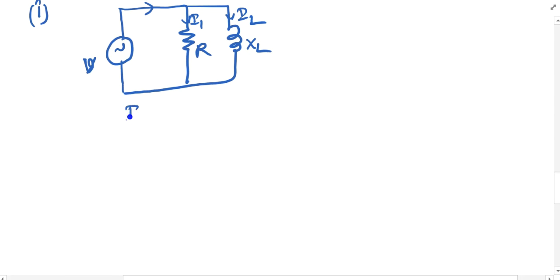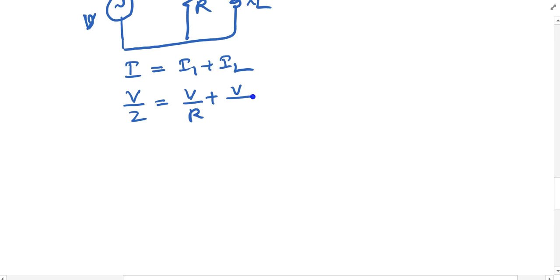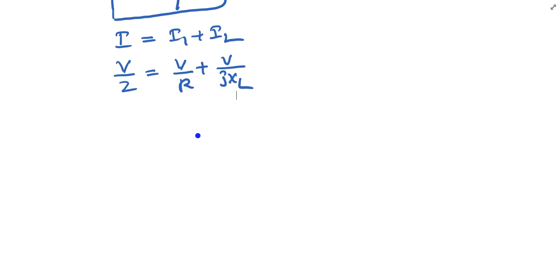And I know I is equal to I1 plus I2, or V by Z is equal to V by R plus V by jXL. So instead of I2 I am writing V by the reactance, V by jXL. You also know how to write this one, so what I am trying to do is multiply with j here and here.